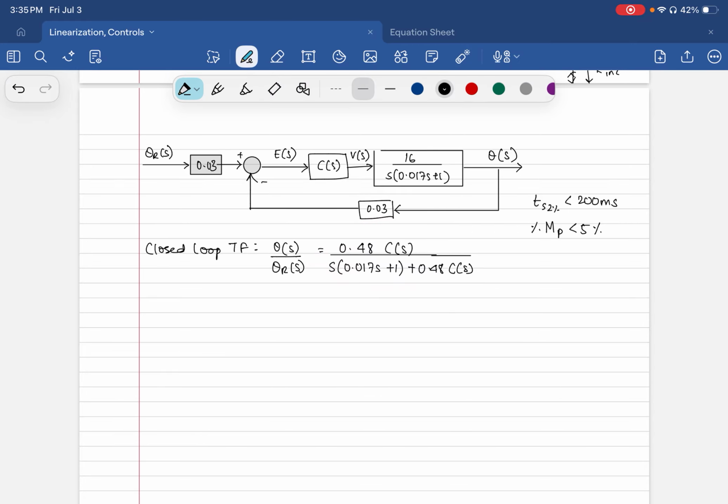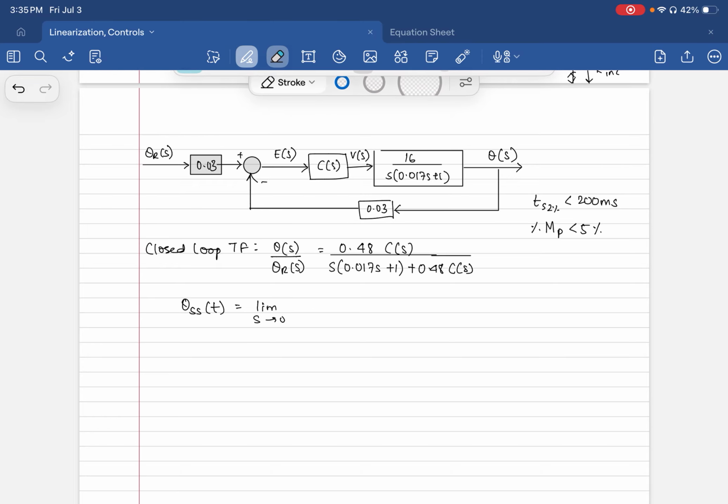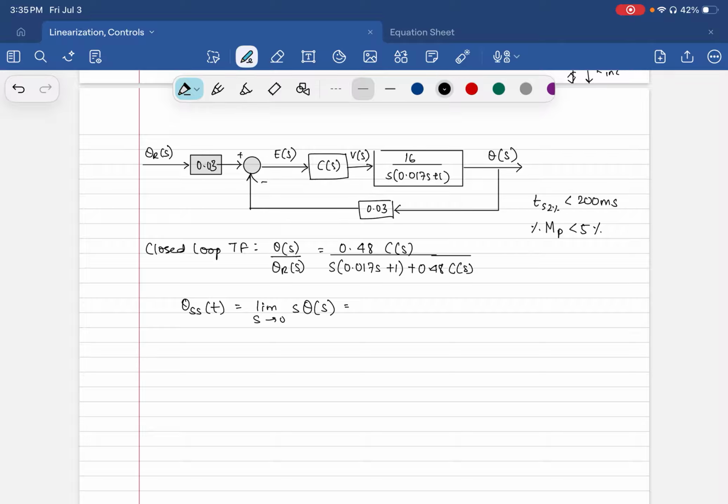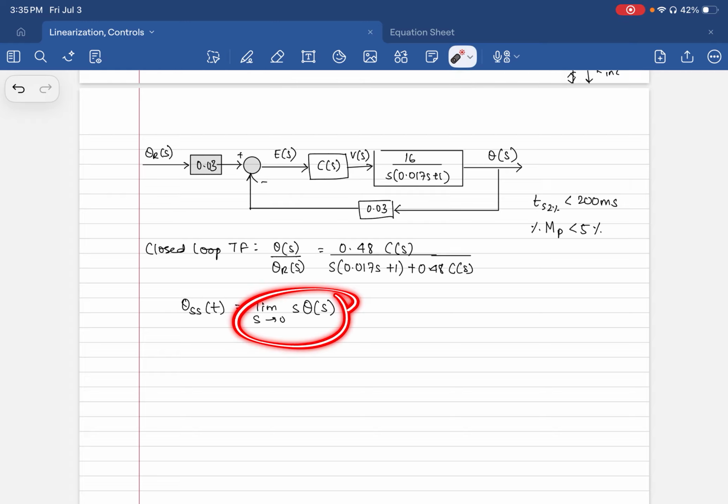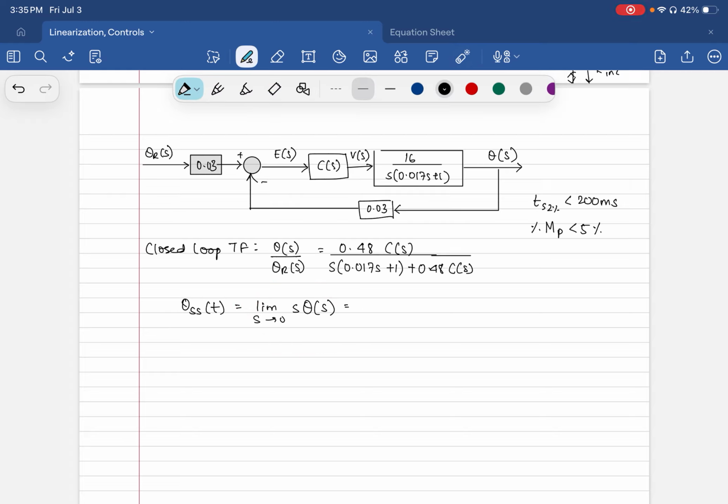What is the steady state theta of s? This is essentially limit s tending to 0 of s times theta of s, which is generally done for a unit step function. So it is like setting theta r of s equal to the unit step function, so 1 over s.